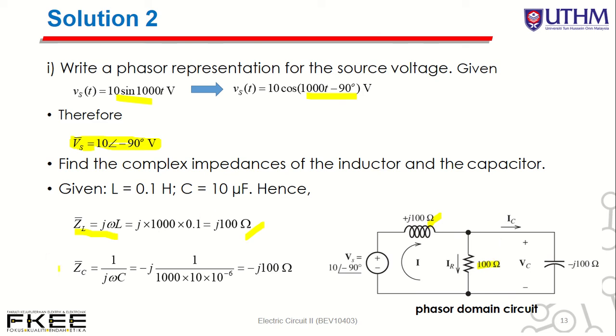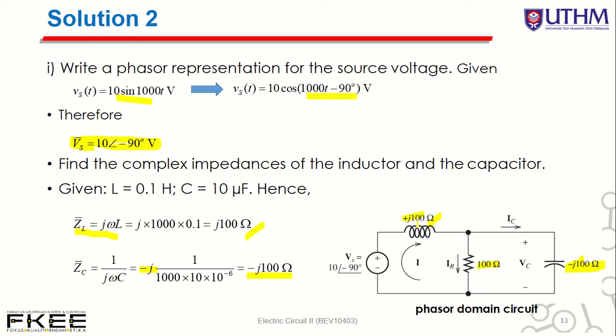And then ZC equals 1 over jωC. Please remember 1 over jωC, and then you can use your calculator. Why is this minus j? Because 1 over j equals minus j. You can use your calculator and then you can get ZC. And then label it here.